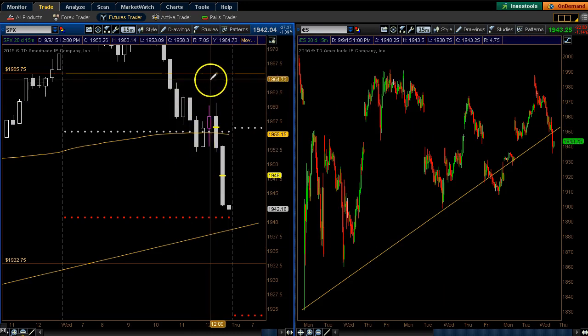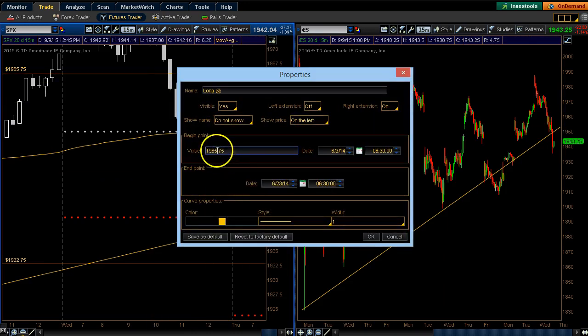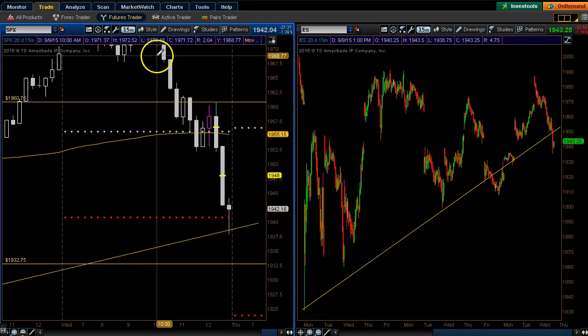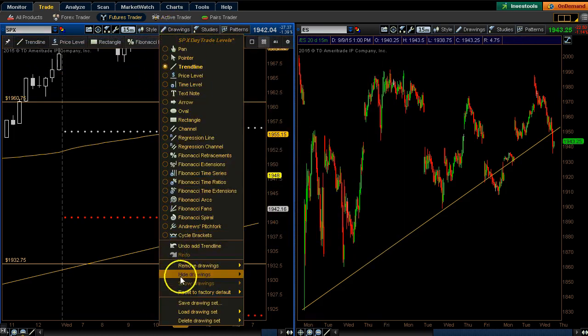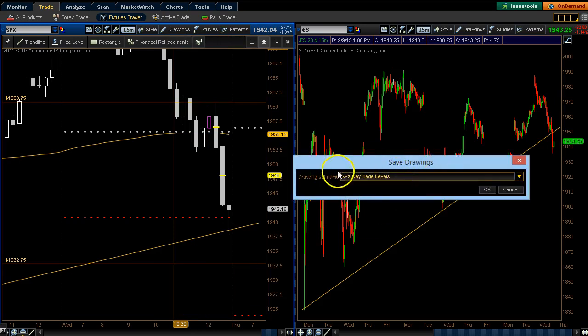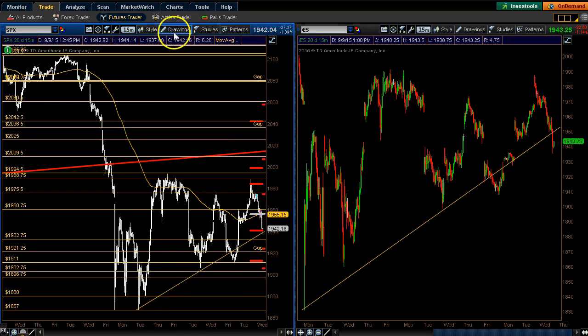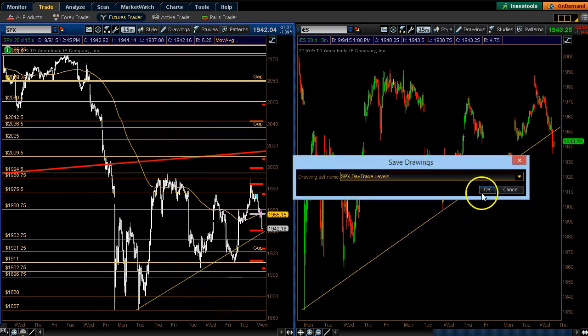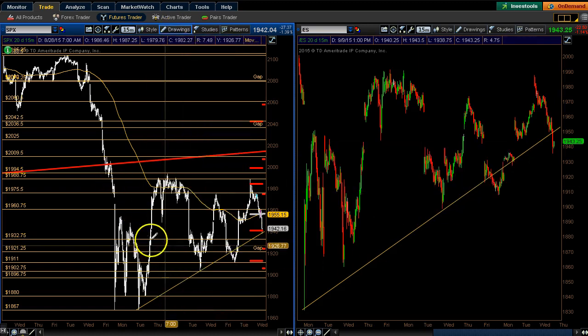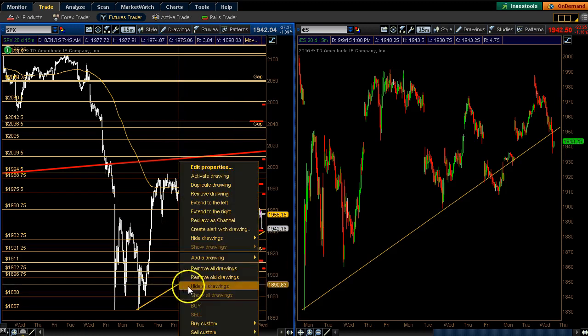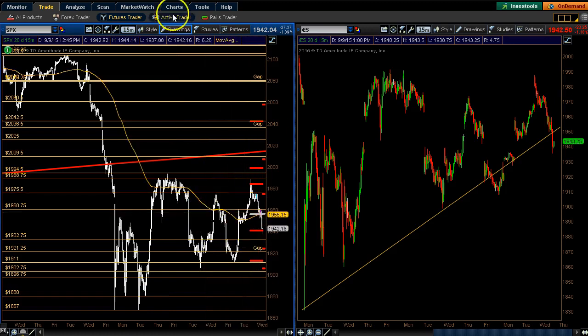Oh, actually, sorry, 1960.75. Go like that, come down to drawings, save drawing, and I already have it named for my SPX. Click OK, and that's all you need to do for drawing your support and resistance levels. You will be amazed how well these lines match up while trading the SPX.